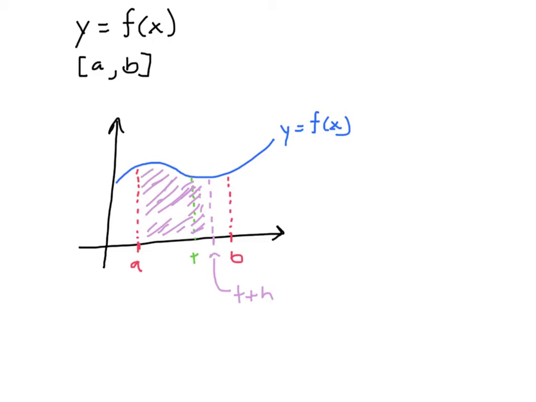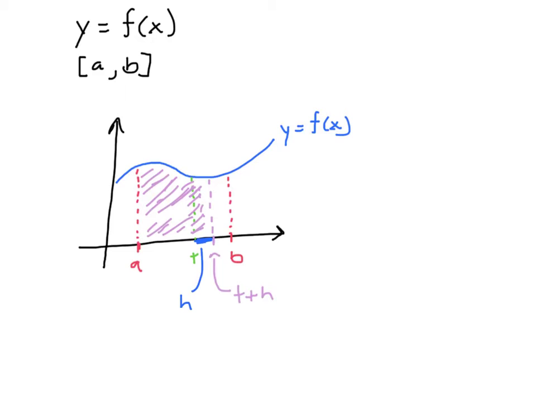Just to be clear, if this green t is my location for t, and then the purple dashed line is t plus h on the x-axis, then this blue distance in between them, that would be h. Right? t plus h minus t gives you h. That's how you measure distance on the x-axis. So h is just this little smidge of a distance moving to the right away from t.